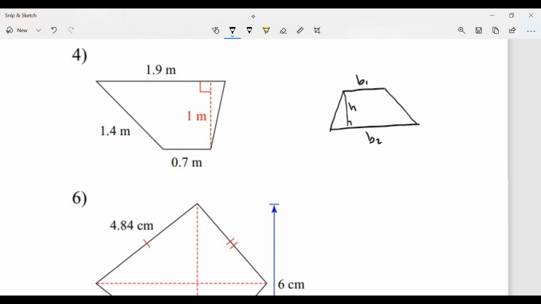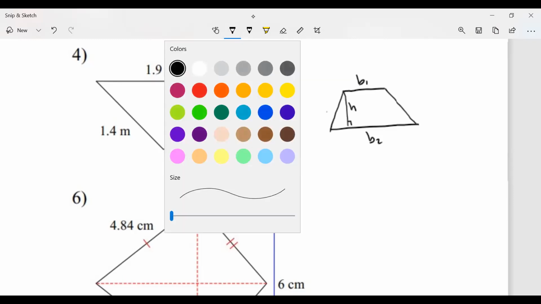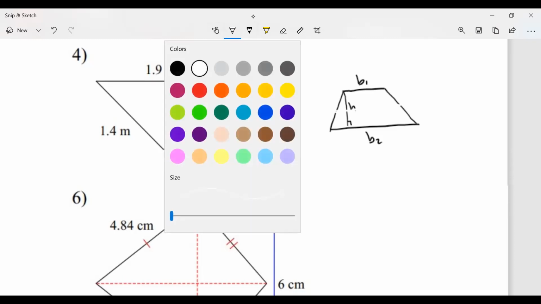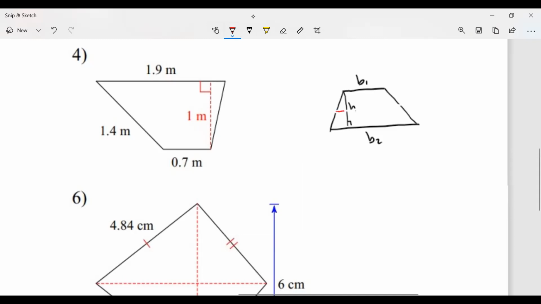The cool thing on trapezoids is, imagine I cut it in half. So I came over, and let me do this with white. Let's say I cut this in half. On the top, I get another trapezoid. The bottom half is another trapezoid. So I basically cut into two different trapezoids.